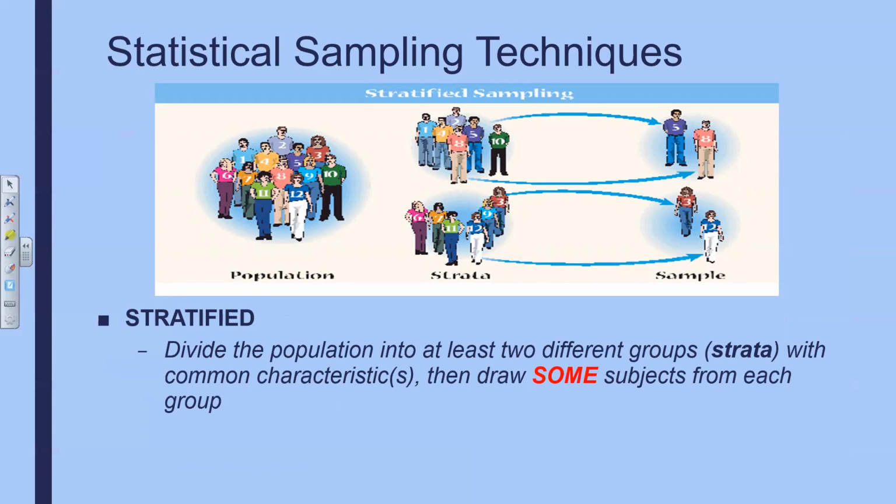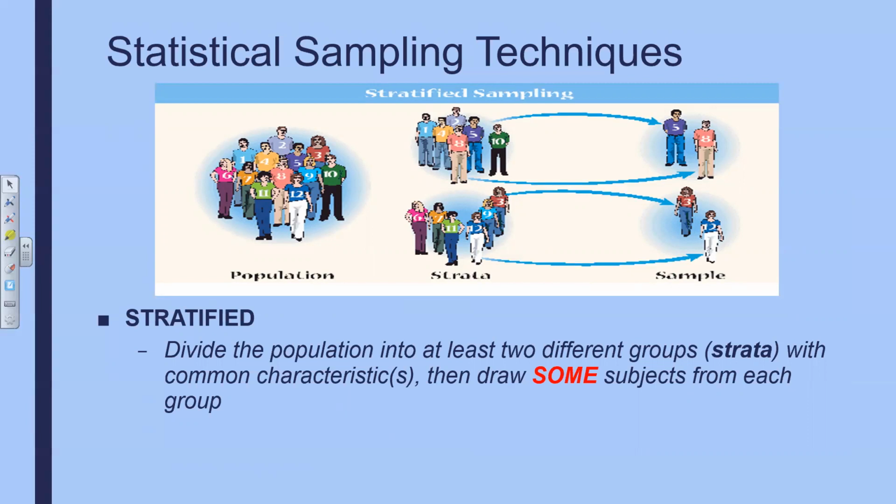With stratified, we take our population, the big picture, and we divide that population into groups based on some characteristic. It might be several characteristics. The diagram that I have up there divides the population by gender, male, female.